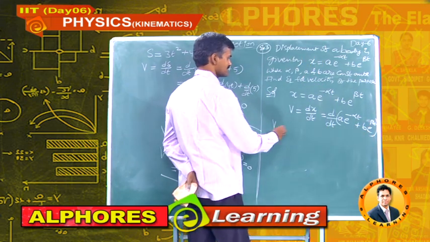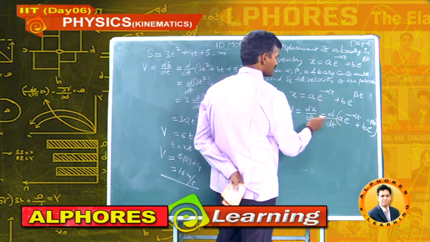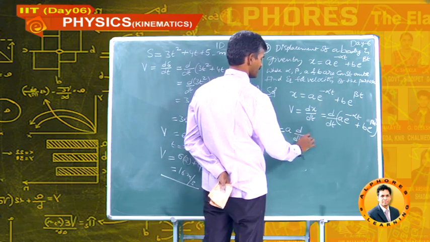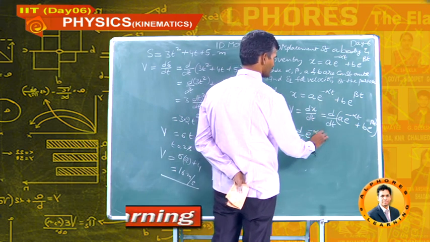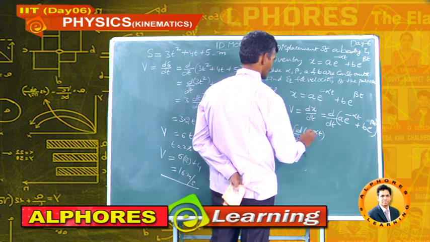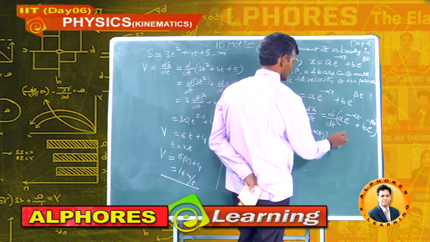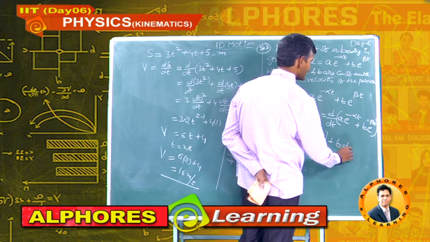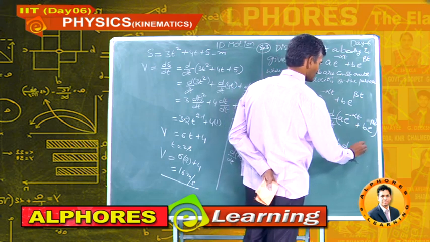So v is, on taking a outside, a into d by dt of e power minus alpha t plus b into d by dt of e power beta t.